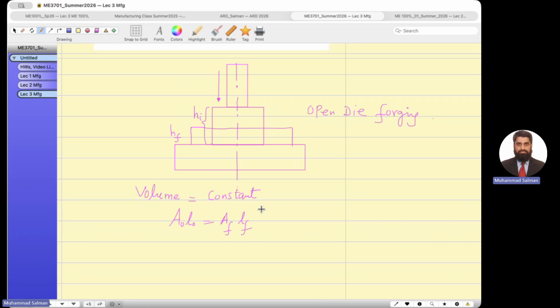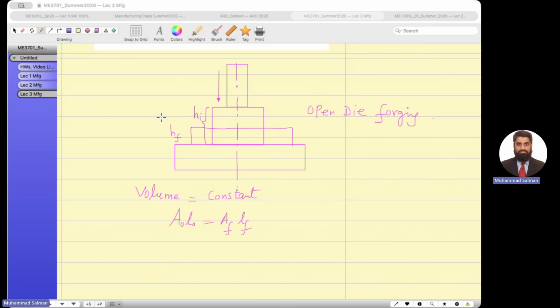So we will understand this analysis. So this is the open die forge. The forging force comes down and forges the material into the desired shape. And sometimes we have closed die operation, which we will see soon.